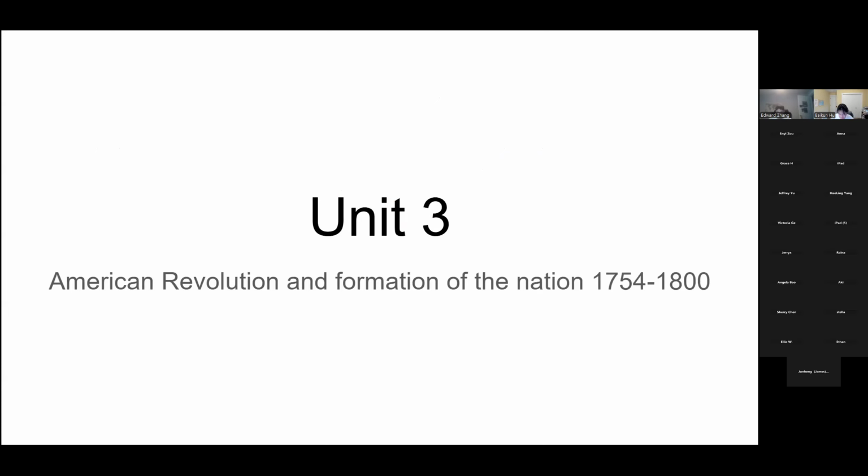And then Unit 3 is about the American Revolution and the formation of the nation. So, does anyone know what happened between these two time periods? Like what happened in 1800? Why would the unit end here if it's about the foundation of the nation?